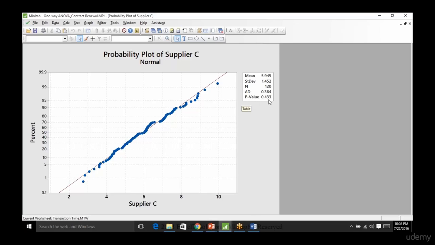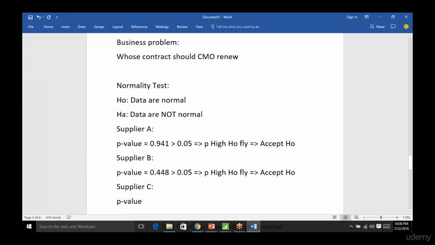P-value is 0.433, which is greater than 0.05, which implies p high, null fly, which implies you accept null hypothesis. What does your null hypothesis say? Data are normal.